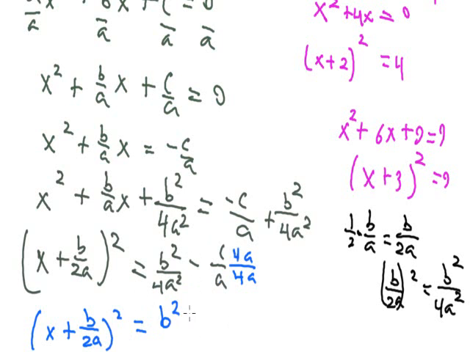B squared minus, I'm going to take this 4 over here just to make it look more like the quadratic formula that we all know and love. 4ac, you see what I did there? It's just multiplication being commutative as well. And that's over 4a squared.